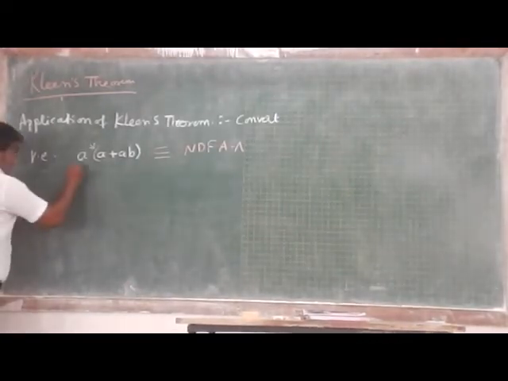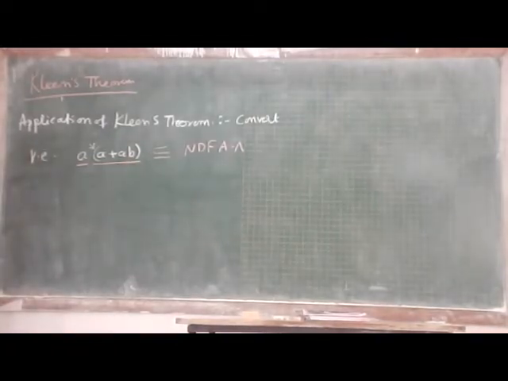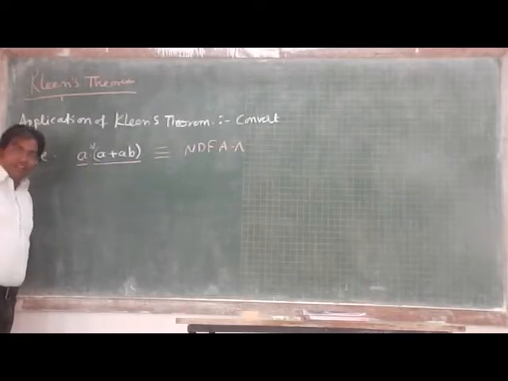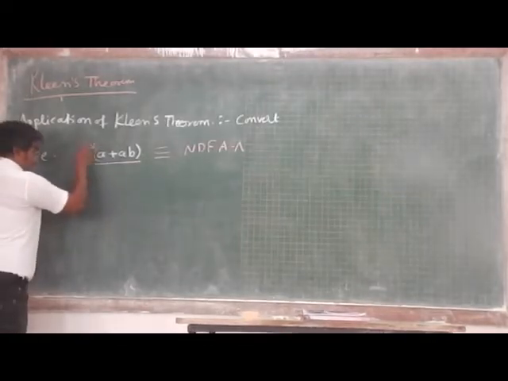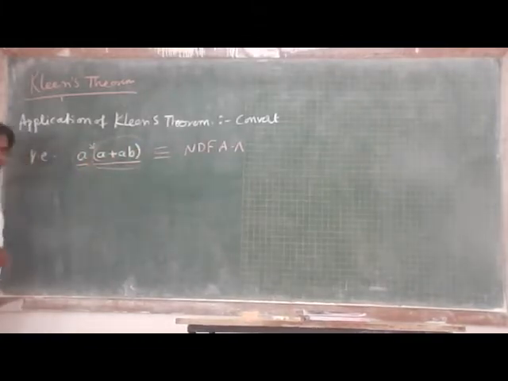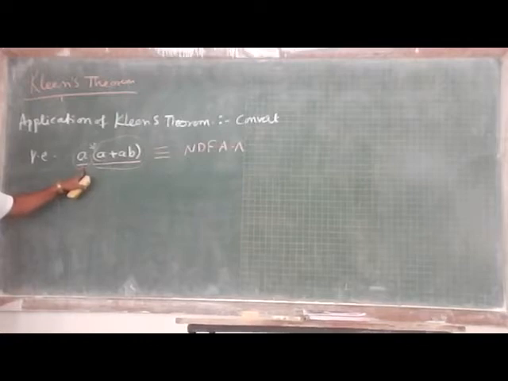First of all, separate the regular expression. How do you separate this? A star, and there is a concatenation. This is one part and this is another part. In two different parts we can divide this regular expression. Any other way we can divide it?